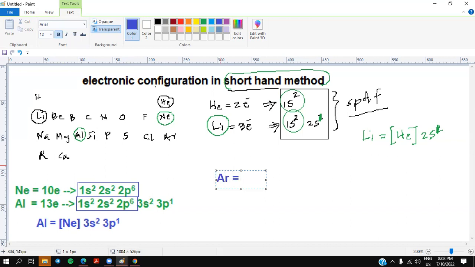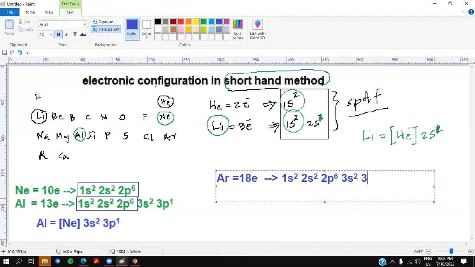Argon has how many electrons? 18 electrons. 18 electrons has a configuration 1s2, 2s2, 2p6, 3s2, 3p6. This is argon.